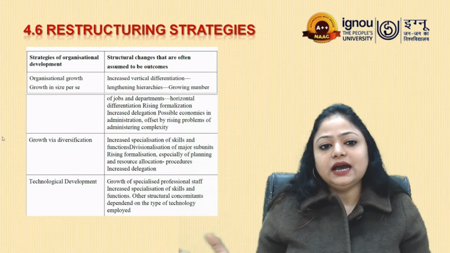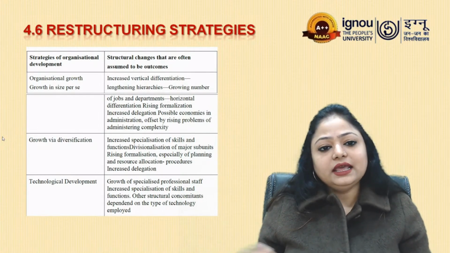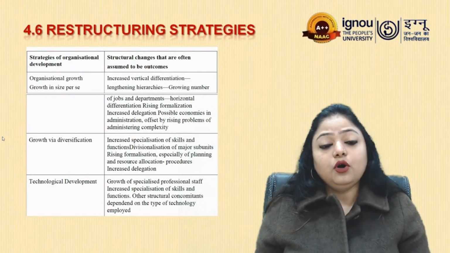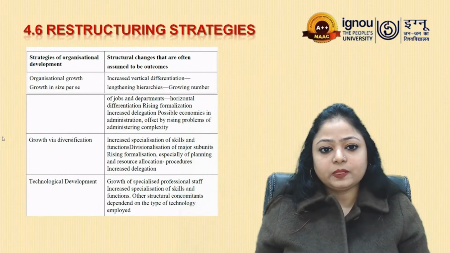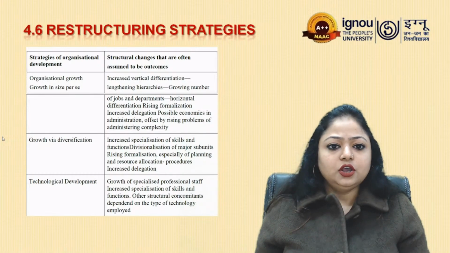So if the organizational strategy here is to have growth, how will it be done? It will be done with the outcome, which is increased differentiation, strengthening or lengthening the hierarchies, growing the number of employees or the jobs and the departments. Then horizontal diversification and rising formalization, increased delegation, possible economies of scale. Okay.